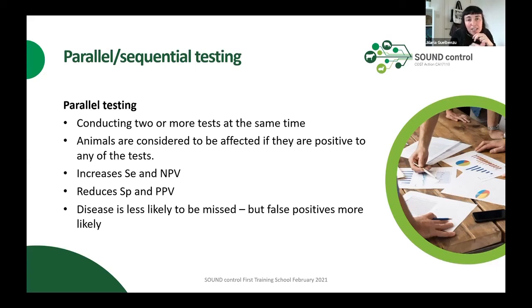And this applies, for example, to the same example I was saying earlier, how the brucellosis testing used to be done in the UK in terms of an aborted animal. Then we'll have a battery of tests, culture, serological tests, sometimes tests on the milk. And if that animal was positive to one of them, that animal was considered positive.